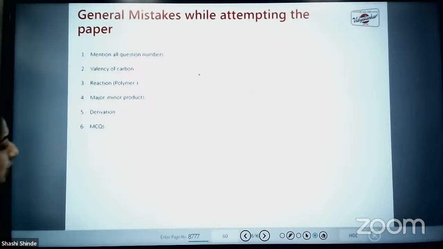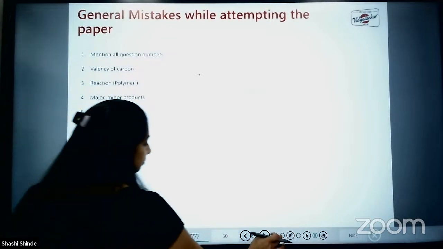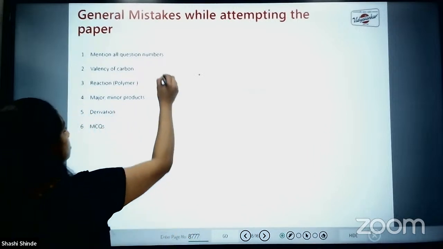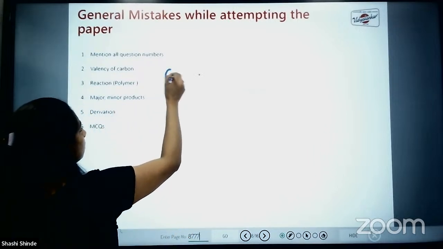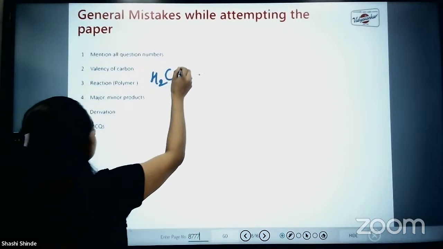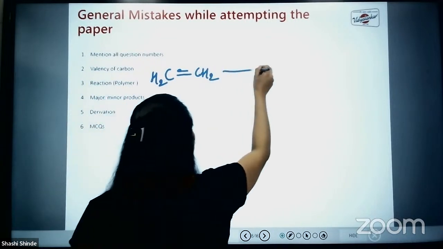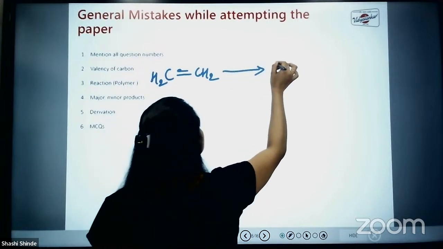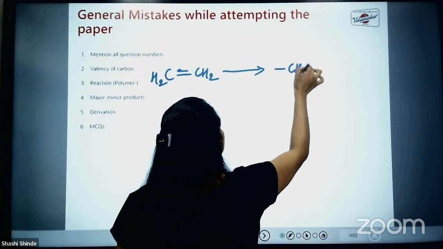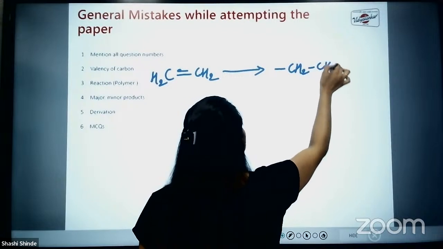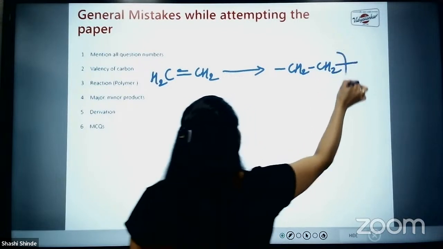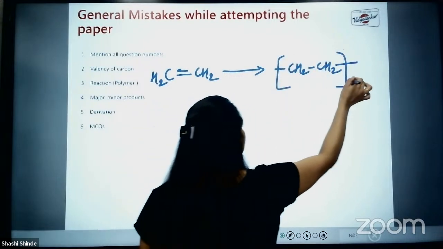While writing reactions of polymers, suppose I write the preparation of polyethylene from ethene. I am writing everything at high pressure and temperature, and we will get CH2 CH2 n times. My reaction is right, correct?